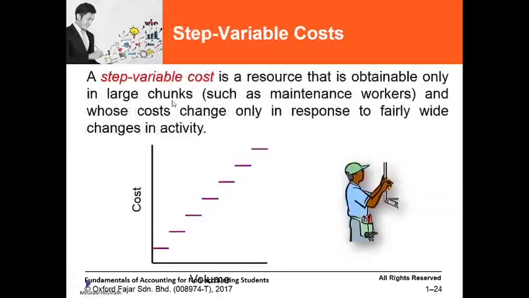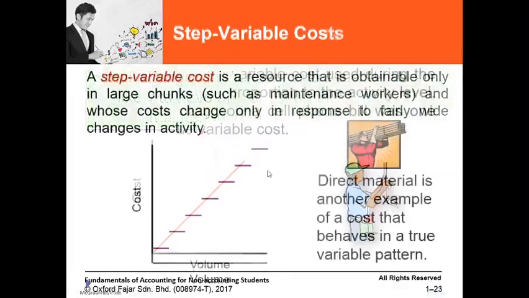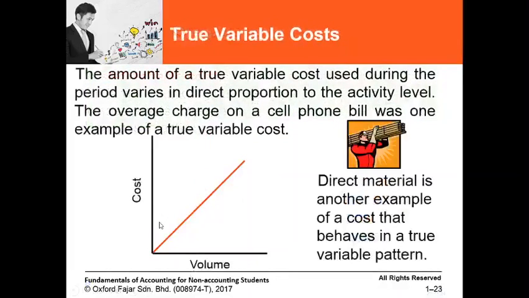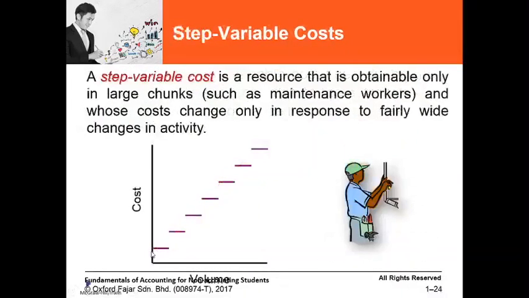Step variable cost is another type of variable cost. However, it's a bit different, whereby you can see an increase in the graph as well, but not in a straight line like this. It still shows an increasing trend, but not directly straight from 0 until here.